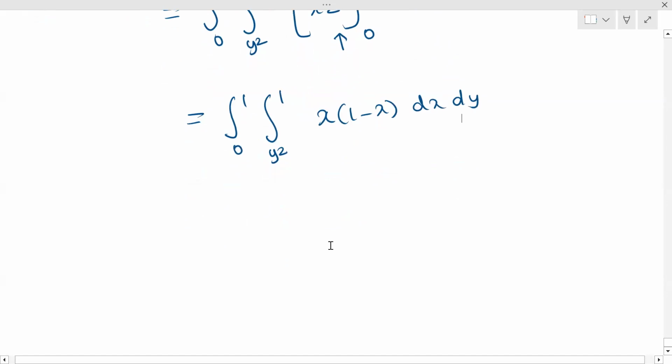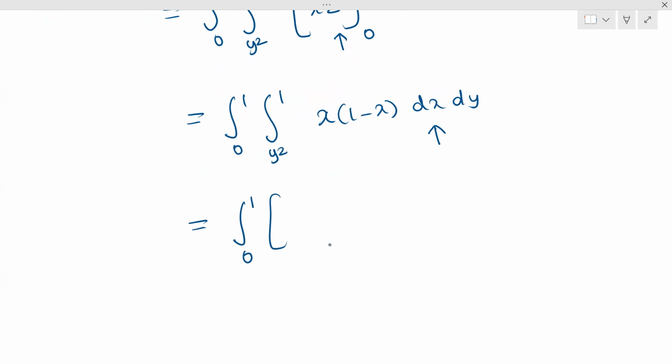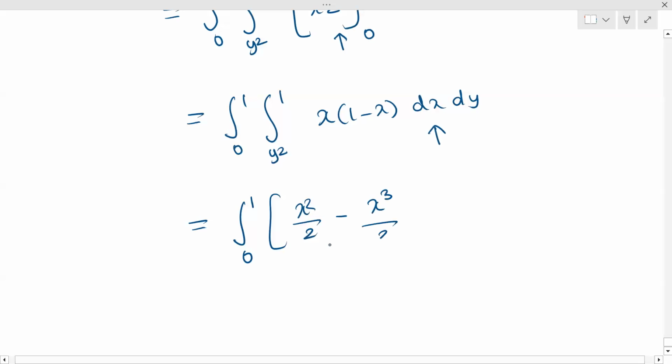Now we move to the middle integration. The middle integration is with respect to x. So 0 to 1. What is the first term? x. When we multiply, what is that? x minus x square. So first term is x. So the integration is x square by 2. Second term x square. The integration is x cube by 3. Y square to 1, dy.